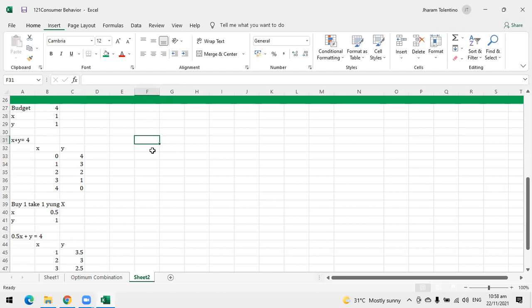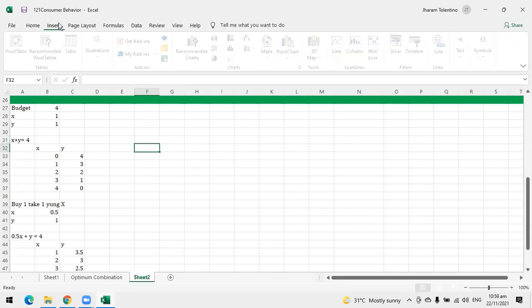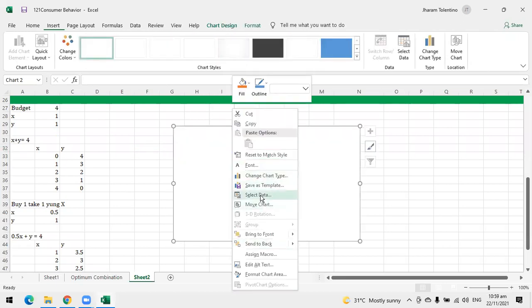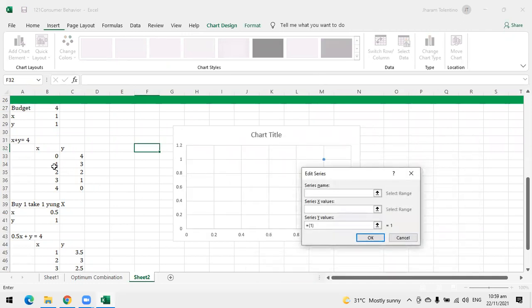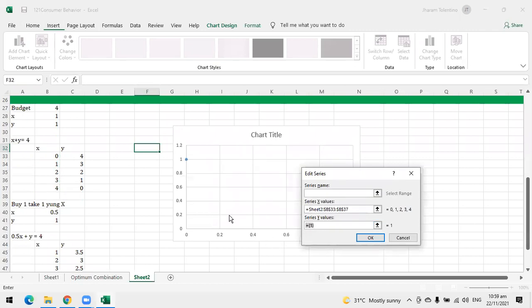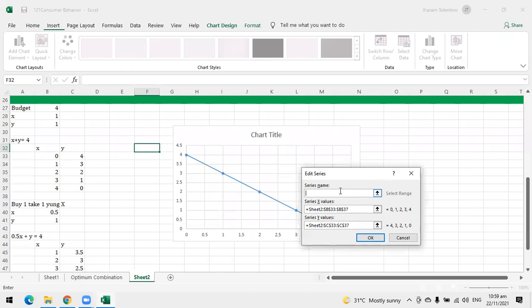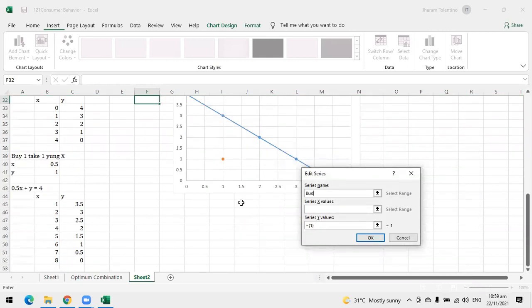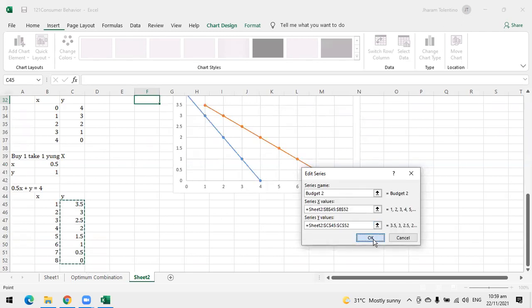So, ano magiging itsura niyan? Ito siya. Let's go for insert. Add tayo. Ito yung budget 1 again. Tapos add tayo ulit, budget 2. Ayan.